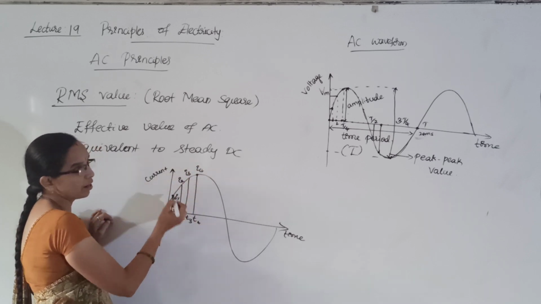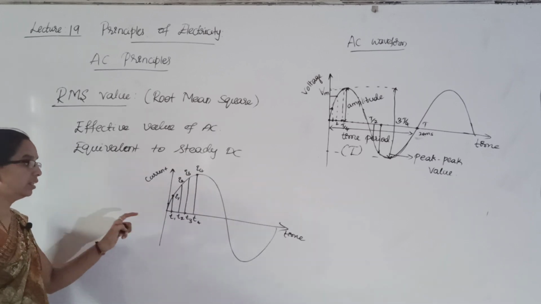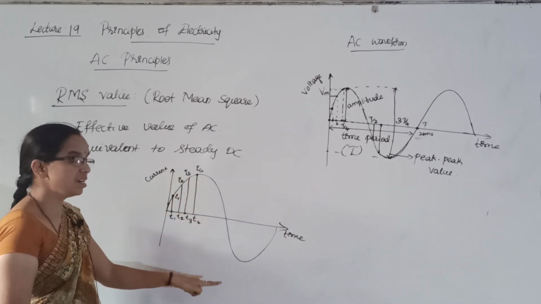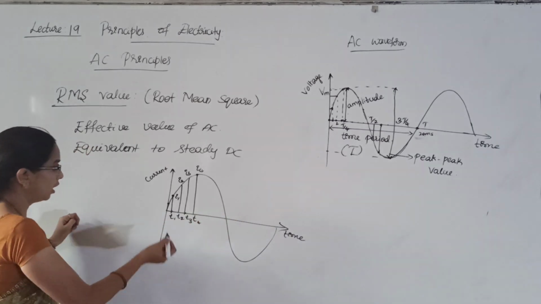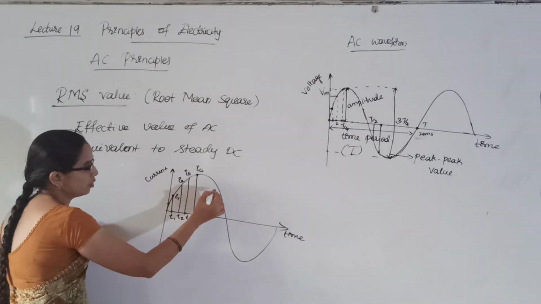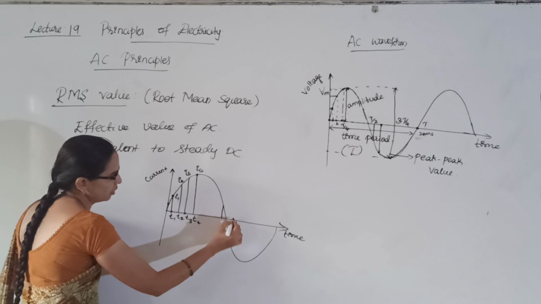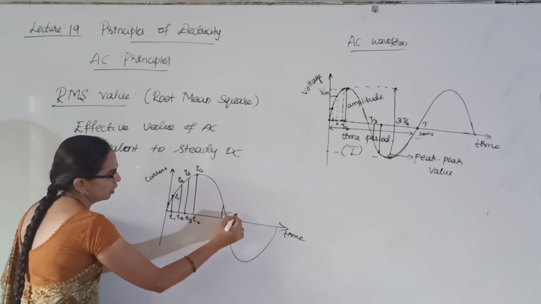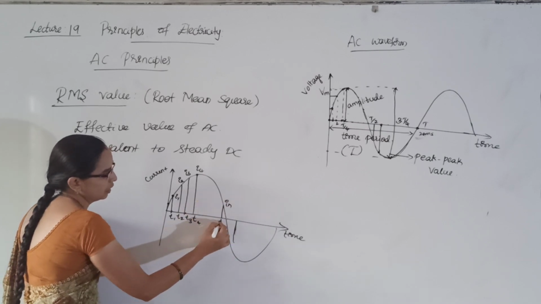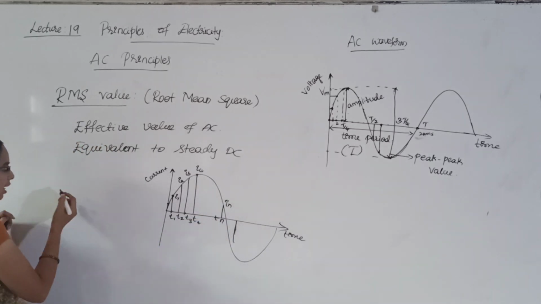These are the different values of current in the time varying signal. Okay, we will take all those values. If I measure somewhere here or somewhere here, I will get IN. In the time Tn, I will get IN.